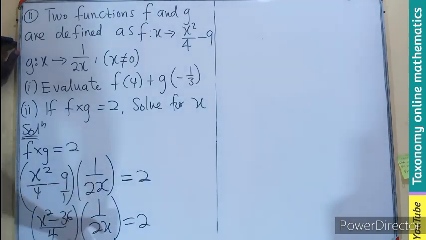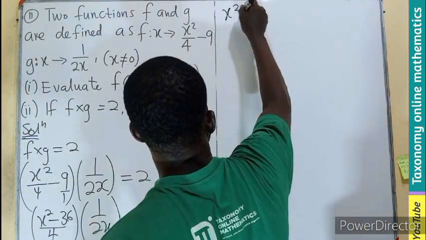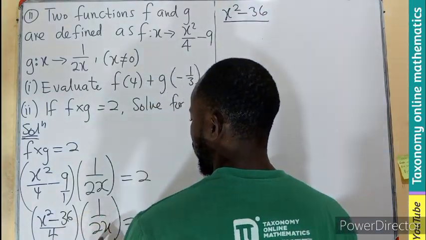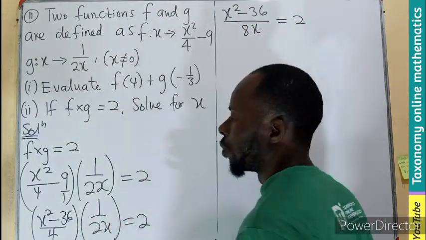So now we can see a single fraction. 1 will multiply the numerator. This will also multiply the denominator. 1 times that will still give us x squared minus 36 divided by 4 times 2x, 8x, equals 2.